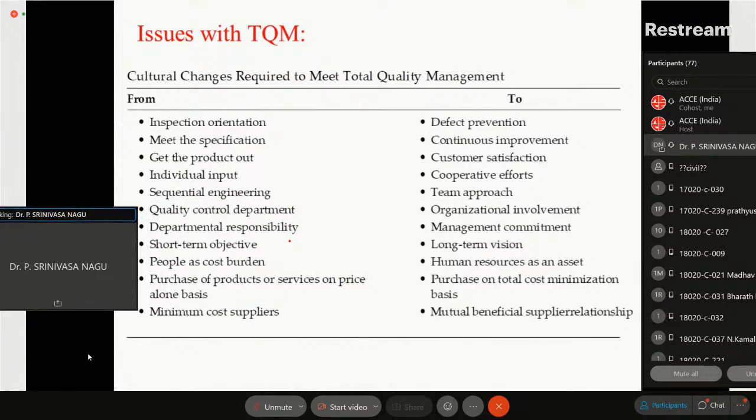That means you give the consciousness of maintaining good quality in every aspect: raw material selection, conveying it to the site, preserving its properties properly, putting it in the process, running the process as per the required methodologies, even finishing of the product, packing, delivery, after-sales service. So at every stage, quality consciousness is built in.